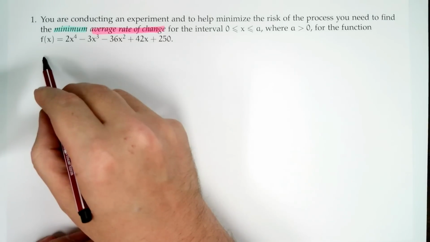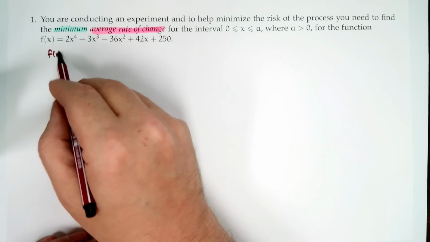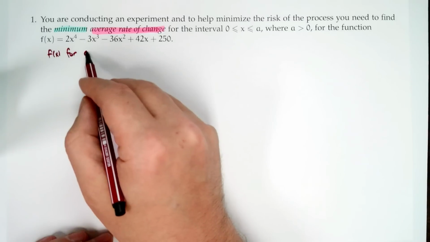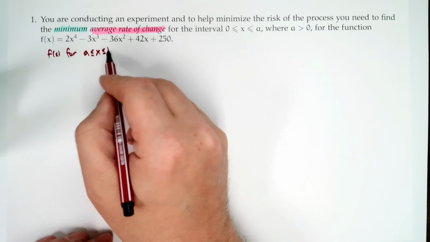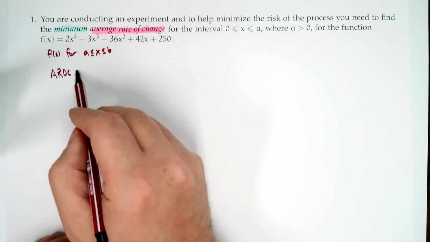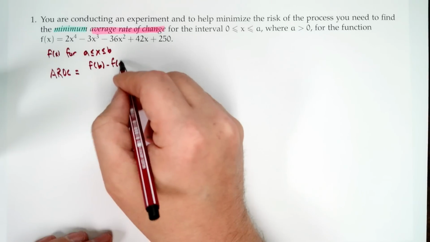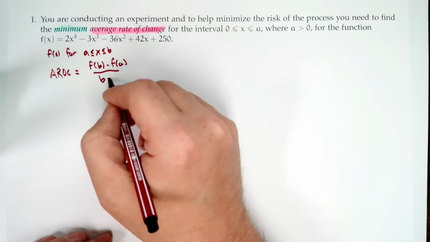So the average rate of change: if I'm talking about the function f(x) for some interval between a and b, then the average rate of change formula, I'll abbreviate that AROC, is equal to (f(b) - f(a)) / (b - a).